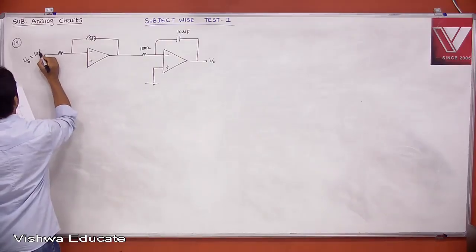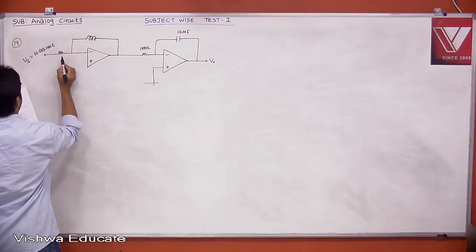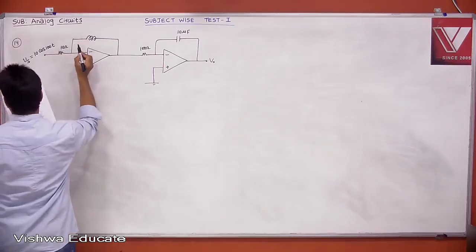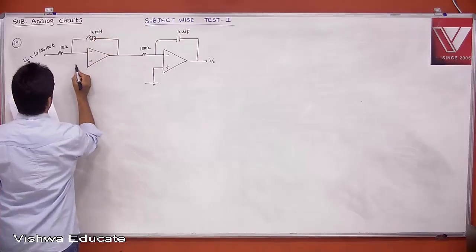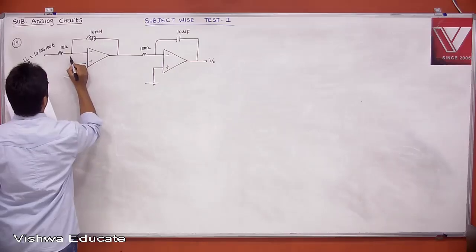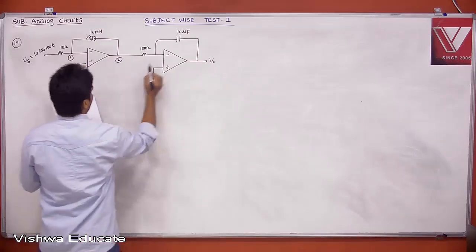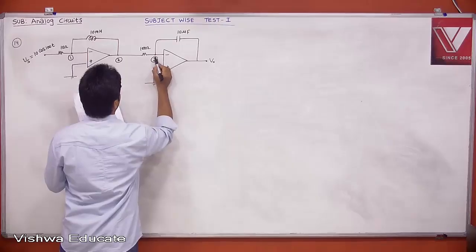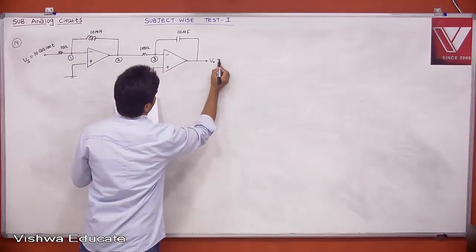Vs is equal to 10 cos 100t, 10 ohm, 10 millihenry. This is point number 1, point number 2, and point number 3. This is what has been given. Okay, asking for V0.